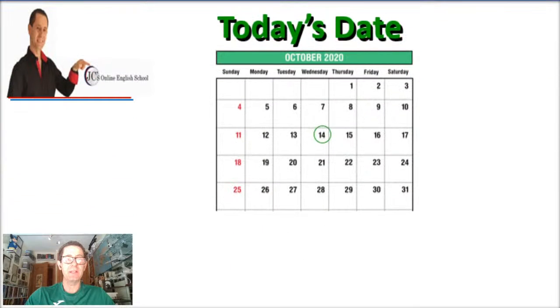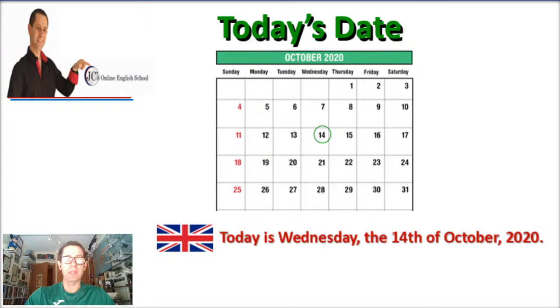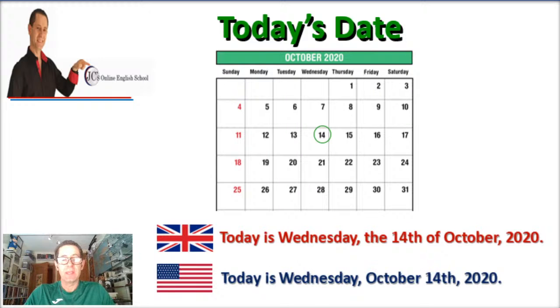Let's begin with today's date. You see the calendar there for October 2020. British say today is Wednesday, the 14th of October, 2020. Americans, on the other hand, say today is Wednesday, October 14th, 2020.